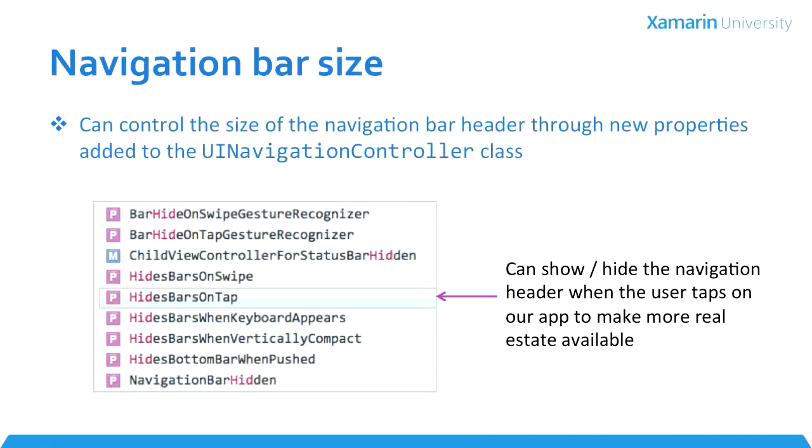We can hide it when an iPhone is in landscape orientation, or when the view is pushed onto the navigation stack. And all we do is simply set the appropriate property. And you can see that right here on our slide. Enable hides bar on tap, and it's going to hide it on tap or on swipe. Pretty fantastic, great descriptive APIs here.